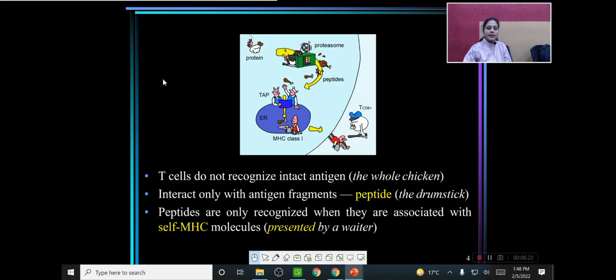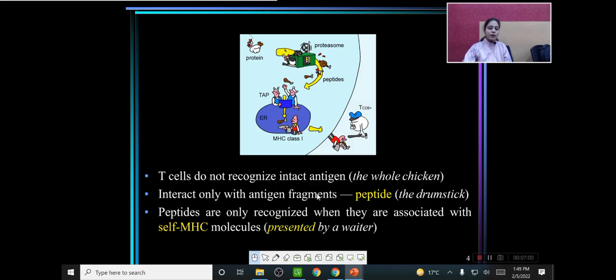See, this is the normal cartoon picture in which there is MHC, indicating the MHC, T cells, and intact antigen, right? T cells do not recognize intact antigen. Simply, the T cell does not detect the antigen; it takes help from the MHC. See here, this whole chicken is the intact antigen.